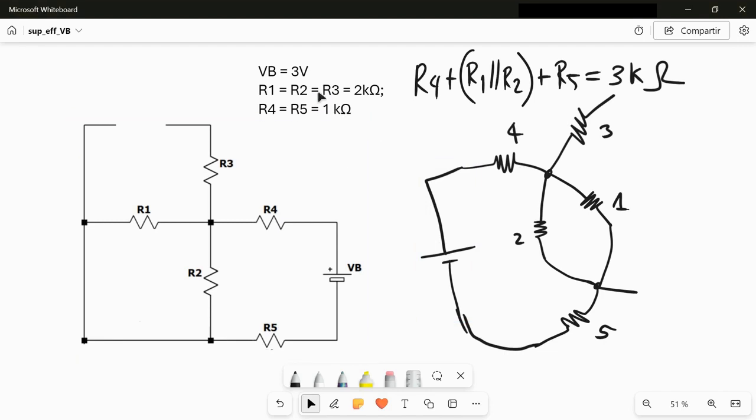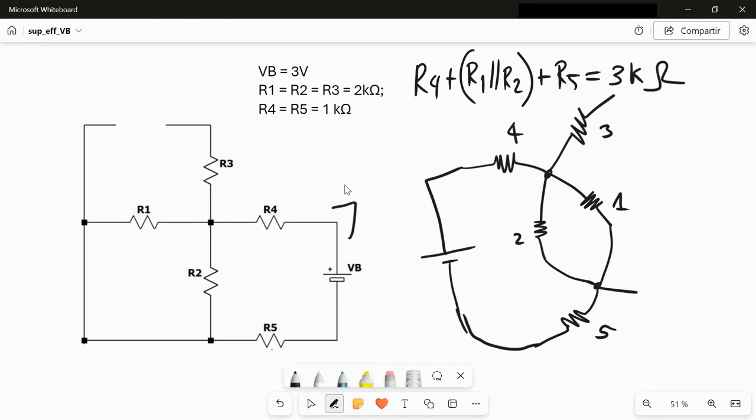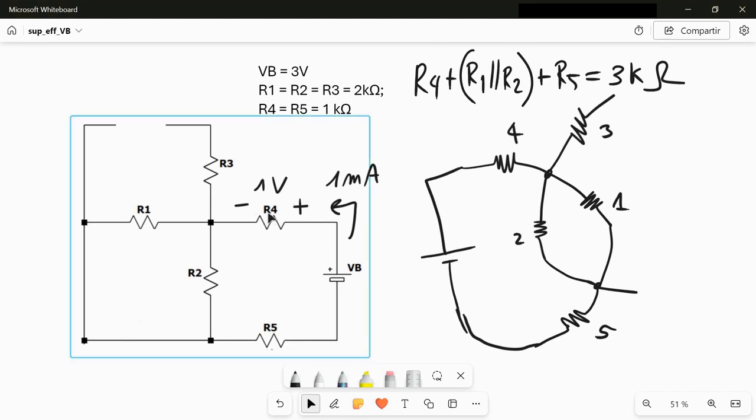The battery is 3 volt, so 3 kilo and 3 volt give me 1 milliampere, which flows in R4 and produces a voltage drop of 1 volt, because R4 is 1 kilo.